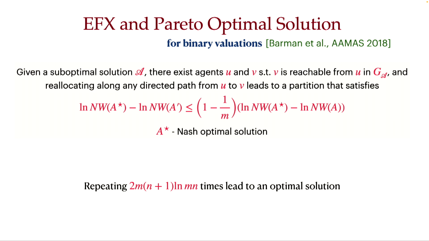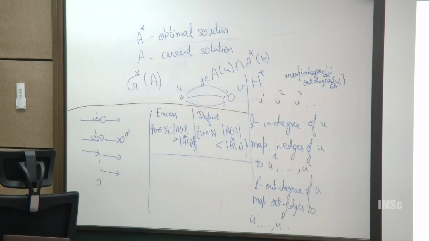Now, why does that path exist in my graph? Because if you notice G star, it can only be a subgraph of my graph, right. What I did in my graph G prime, currently this is with you and this is positively valued by V. In G star, when you have this arc, this is A U intersection A star V, then clearly it belongs to A U intersection PV, PV meaning positively valued items, right.